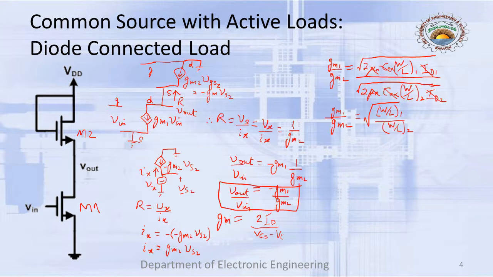For this, the big question is, what is the input resistance seen from here? What is this resistance looking inside the circuit? How can we find the resistance looking into a circuit? Let's see how we do this.